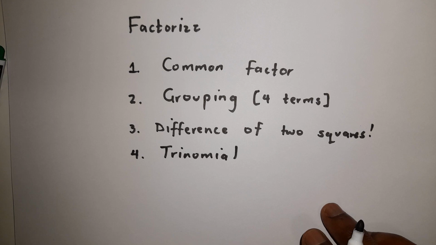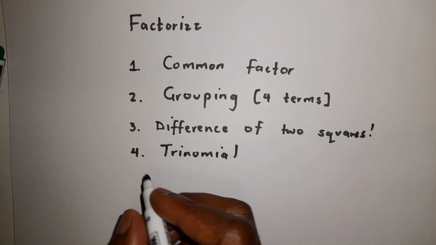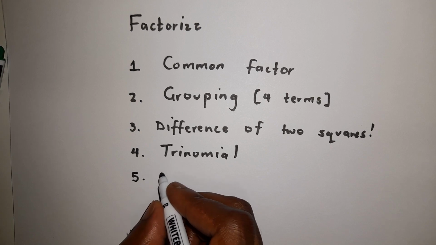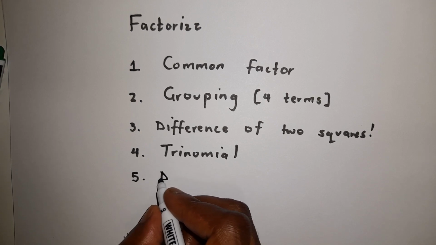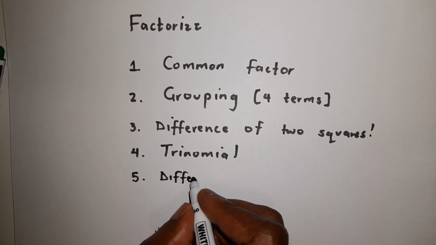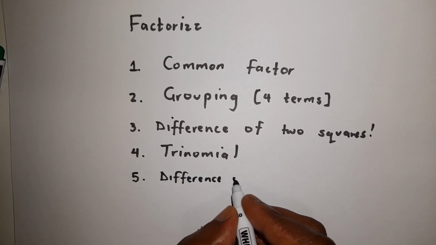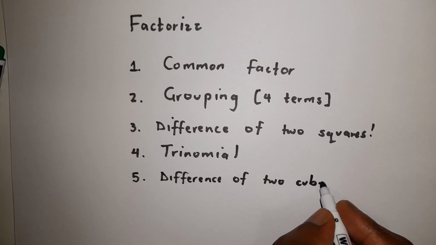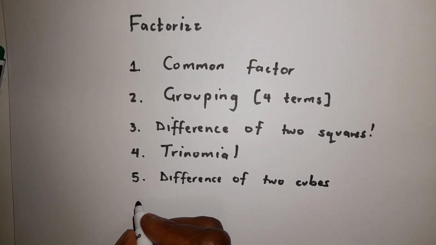So these are the techniques that you should have learned in grade 9. However, in grade 10, there's 1 more: the difference of 2 cubes. This is one that you learned in grade 10.